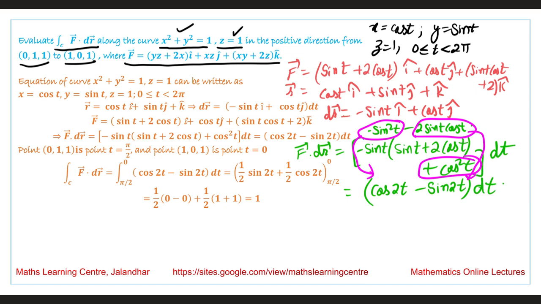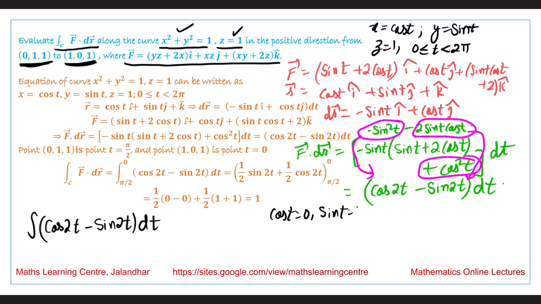Now if we integrate this value, we are getting cos 2t minus sin 2t dt, and the limits, we are saying these are the values. At (0, 1, 1), we are saying cos t is equal to 0, sin t is equal to 1, and z is equal to 1 is given.